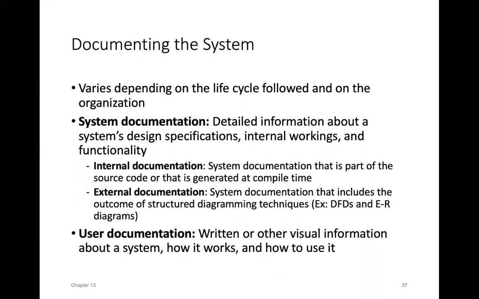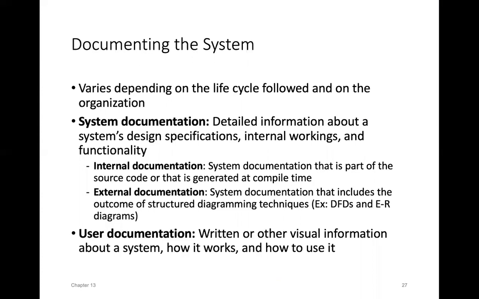Typically, there are two types of documentation, as you can see on the screen: system documentation and user documentation. From a system documentation perspective, if you look at table 13-5 on page 468, you'll see a very good breakdown. So system documentation, what is that?